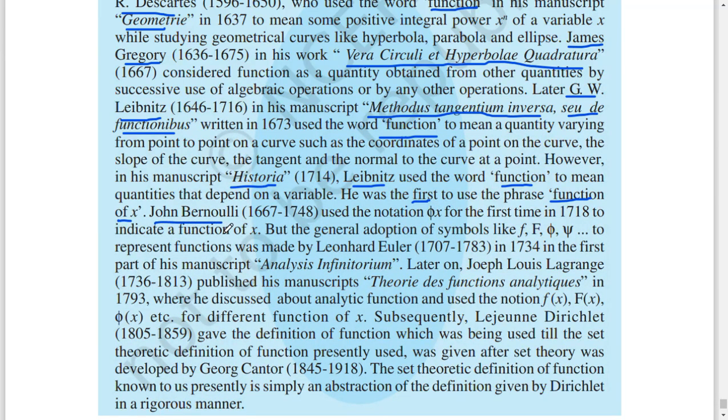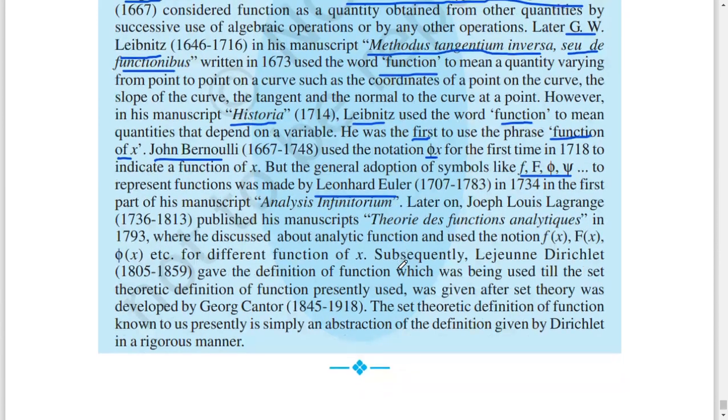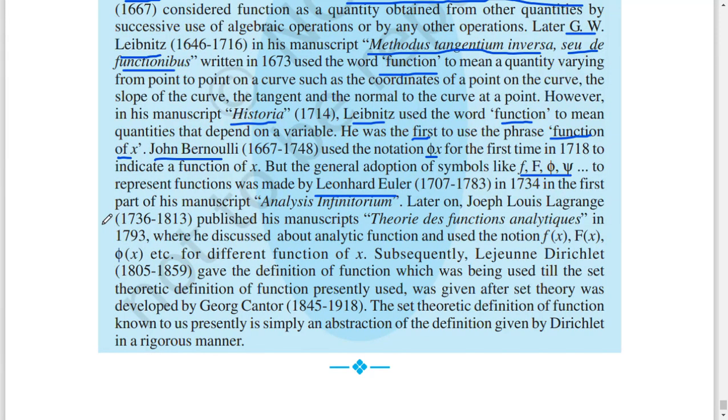John Bernoulli, 1667 to 1748, used the notation φx for the first time in 1718 to indicate a function of x, but the general adoption of symbols like f, F, φ, ψ to represent functions was made by Leonhard Euler, 1707 to 1783, in 1734, in the first part of his manuscript Analysis Infinitorum.